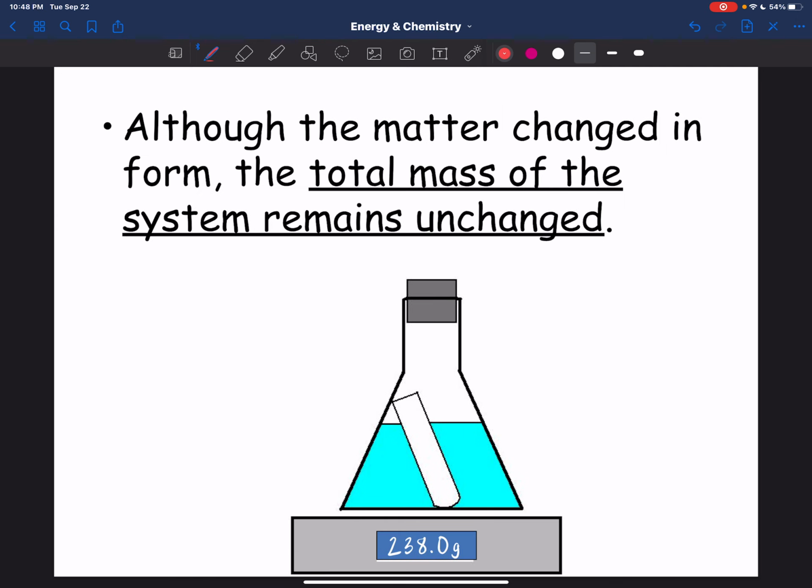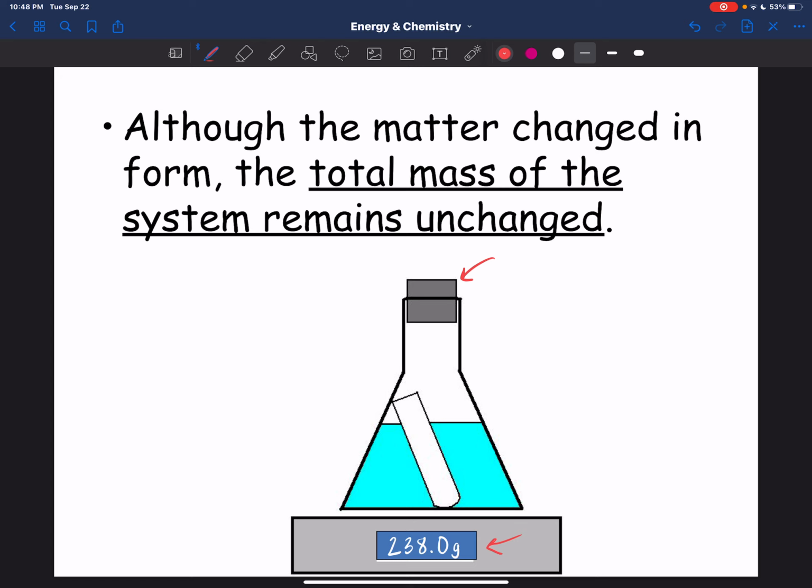Now you've got something different, with new chemical properties. However, look at the mass. The mass is still the same. This represents the conservation of mass. What you start with is what you end with. Again, that stopper makes it a closed system, so nothing can escape or enter.